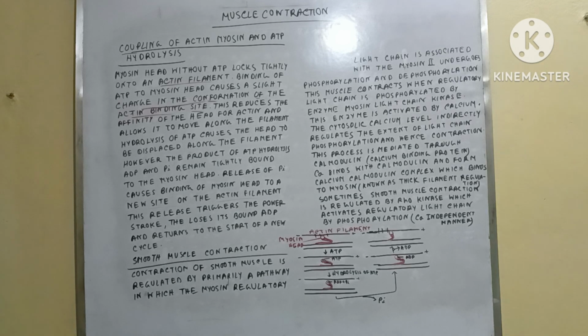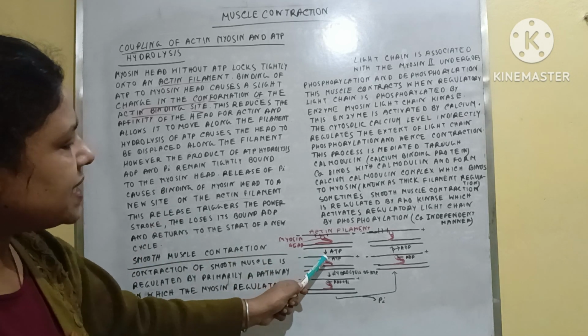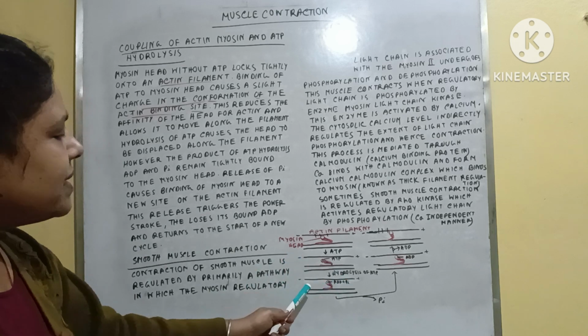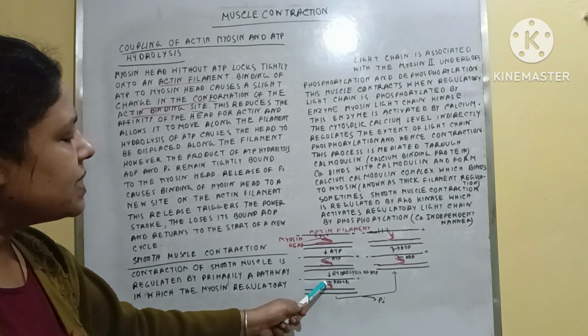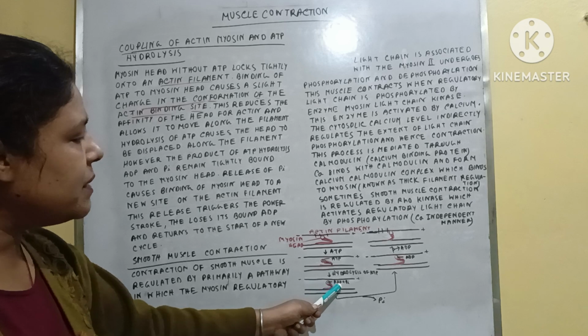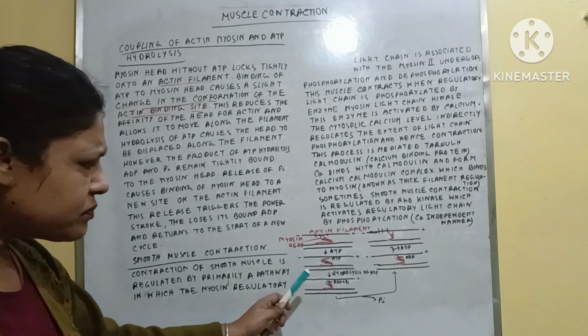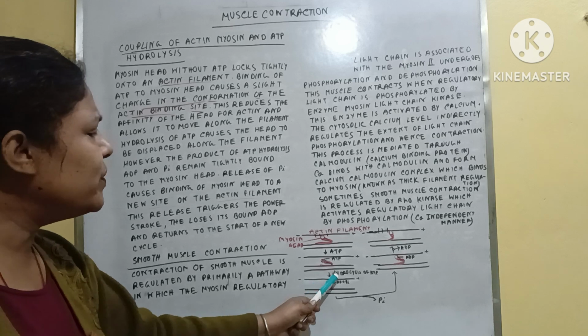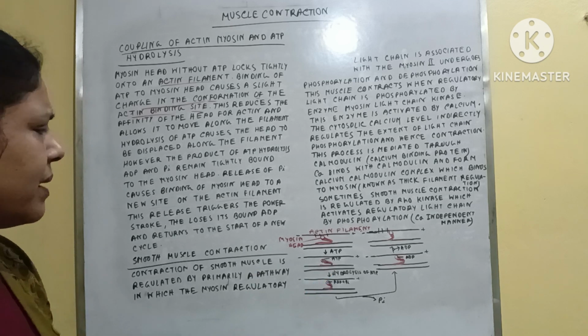Again I repeat this: when ATP hydrolysis is completed, ADP and Pi form, and the myosin head still has ADP and Pi present. So the myosin head has no chance to bind with any position of the actin filament.